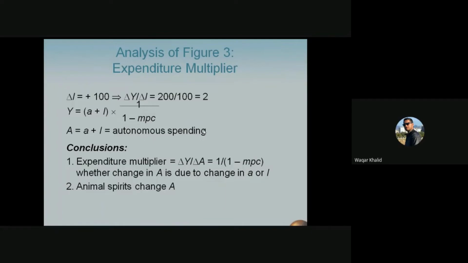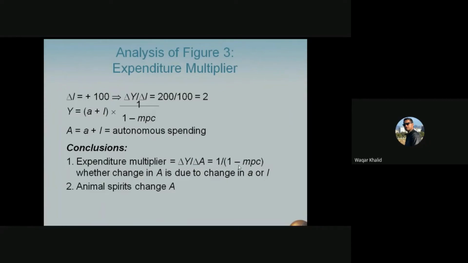this is known as autonomous spending. So in conclusion, we can say that the expenditure multiplier is equal to change in Y due to change in A, but A is the sum of A plus I, or we can write 1 divided by 1 minus MPC.